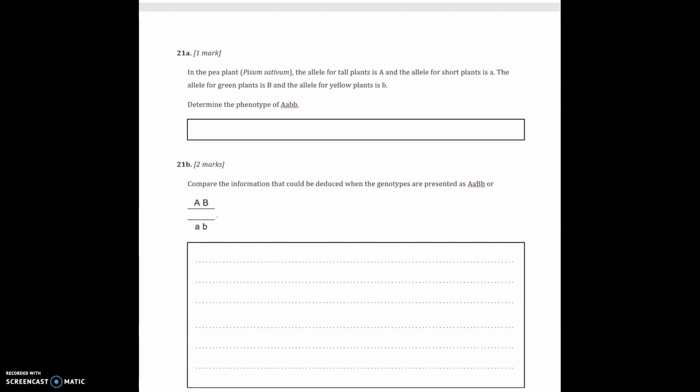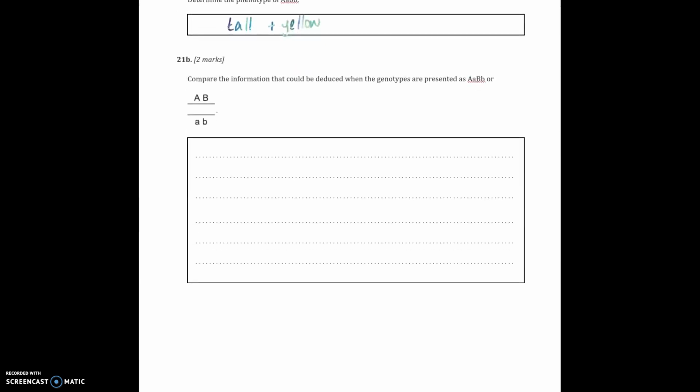In 21, I think most people managed to say that this was tall and yellow, as expected. And for 21B, again, this was perhaps done a little bit more complicatedly than necessary. This one, big A, big B, little b, so unlinked genes.